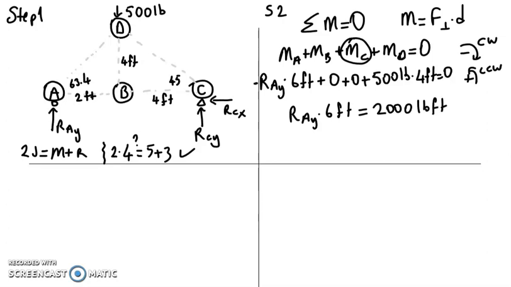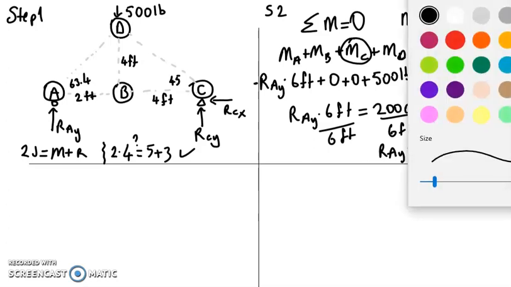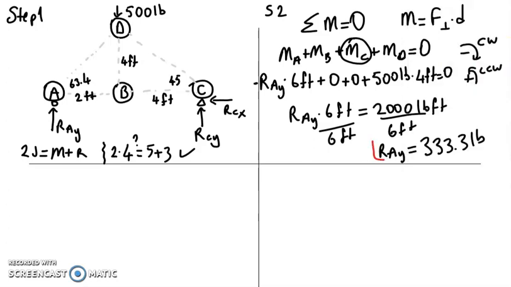Okay, if you divide both sides by 6 feet, then RAY will be, if you do the calculation, 333.3 pounds. Okay, you need this.